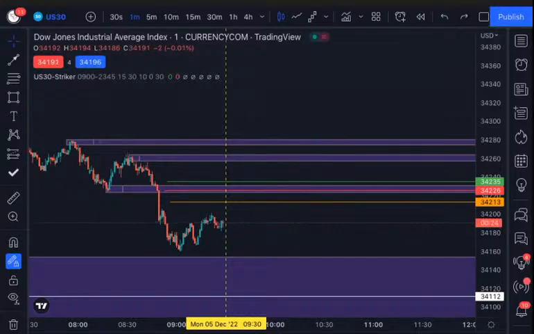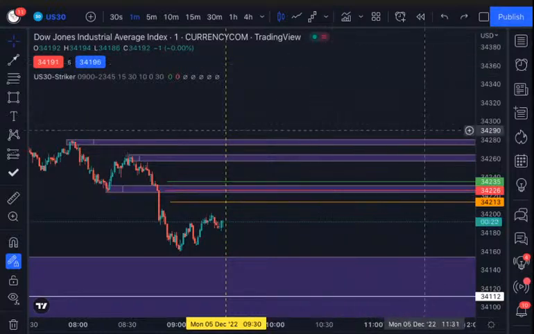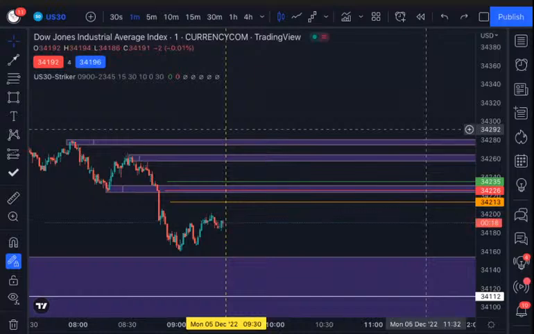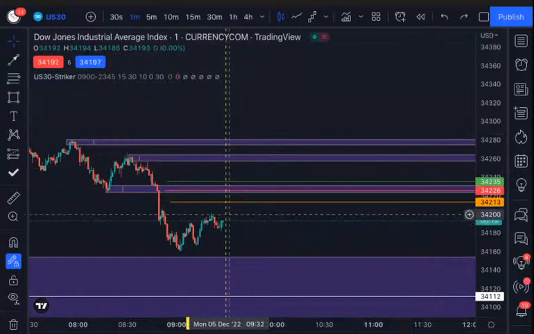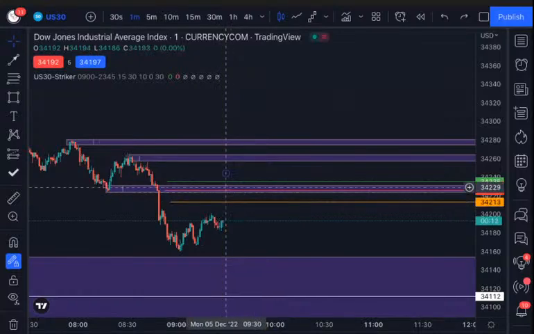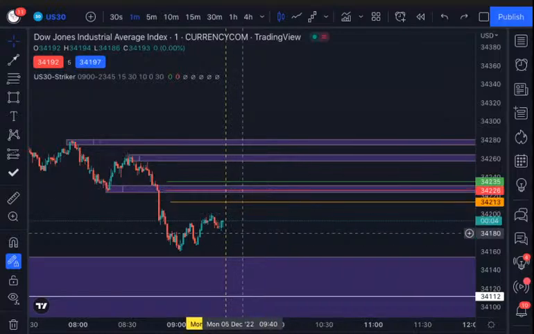So that's what we're probably looking for right there once the market opens. But I do expect price to have some rejection, some resistance right here, and push down.